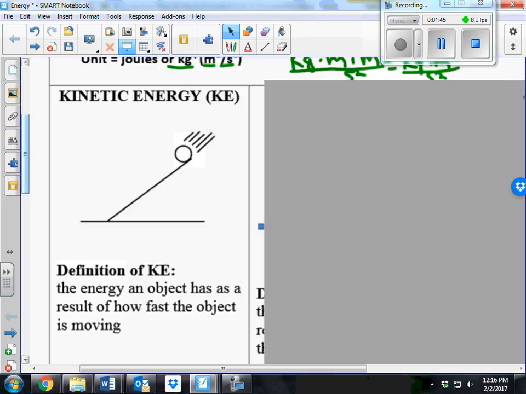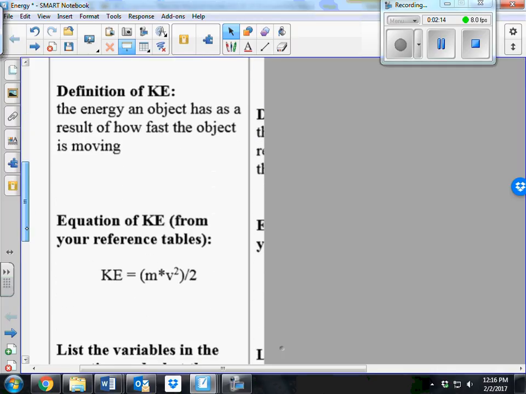Well, its speed and its mass, but typically the mass of an object is not changing when you're doing an experiment or trying to measure its kinetic energy, unless you're in a car crash. It's the energy an object has as a result of how fast it is moving. So if you have an object traveling down this ramp, well, it still has gravitational potential energy, but as its speed increases, so does its kinetic energy.